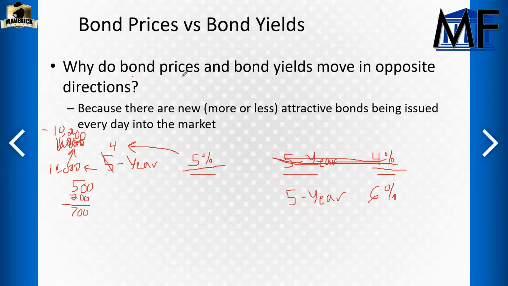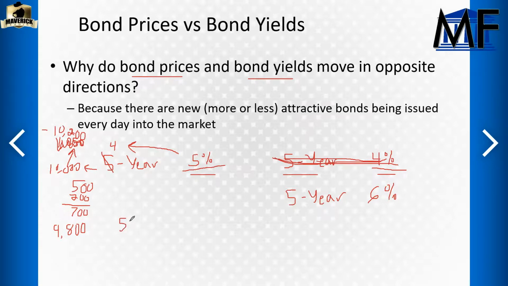To the question, why do bond prices and bond yields move in opposite directions? Because now the new bonds are yielding 6, but mine is only yielding 5. Mine is not as attractive. So if I wanted to sell out of it, it's worth $9,800 perhaps, right? I put $10,000 into this, but I can only sell out of the bond for $9,800.